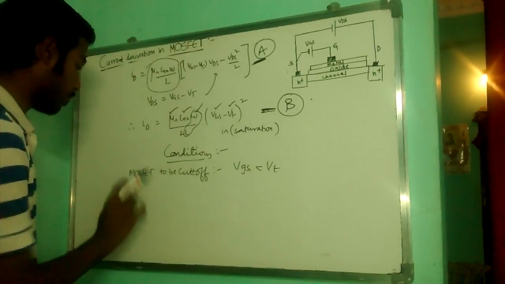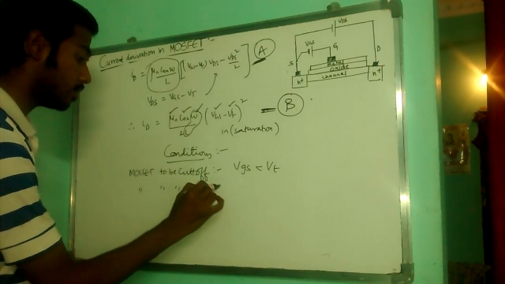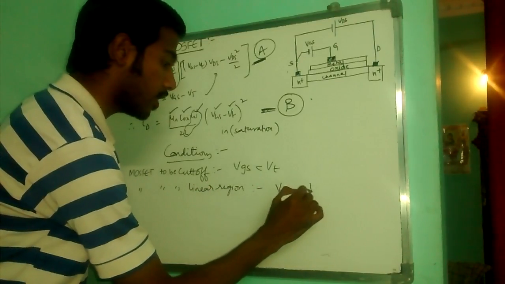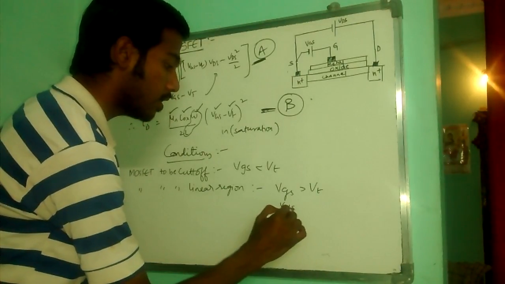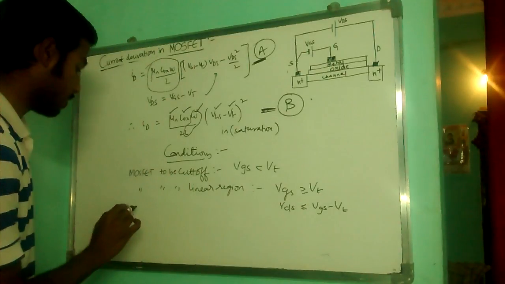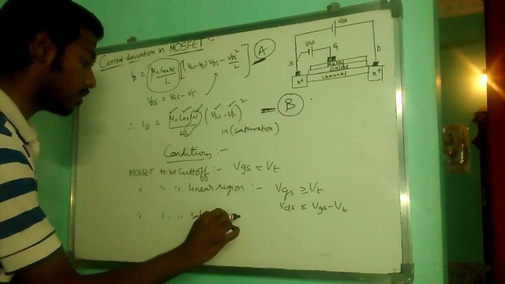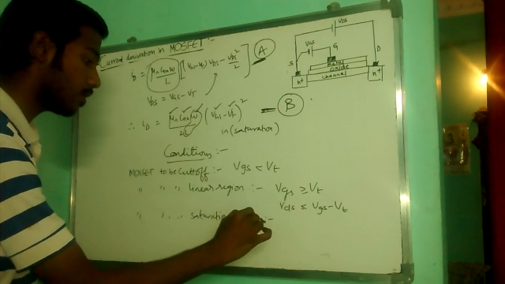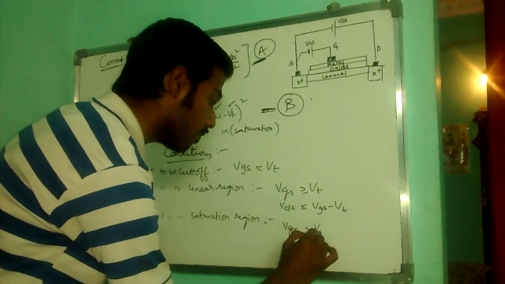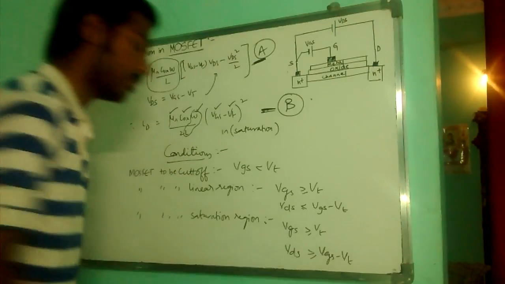For the MOSFET to be in the linear region, VGS should be greater than VT, and one more condition, VDS should be less than or equal to VGS minus VT. For the MOSFET to be in the saturation region, VGS should be greater than or equal to VT, and VDS should be greater than or equal to VGS minus VT.